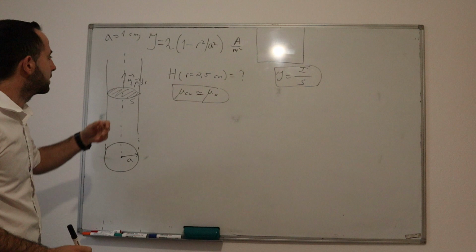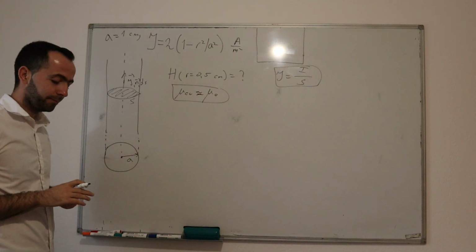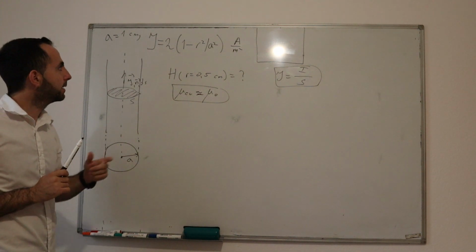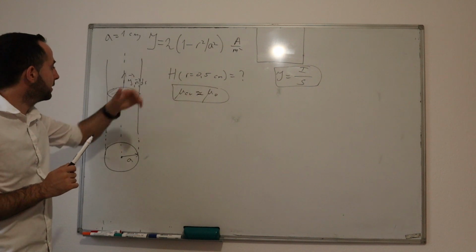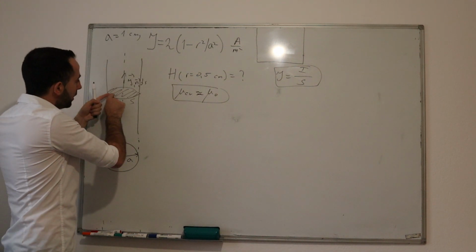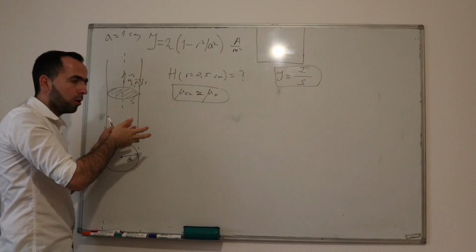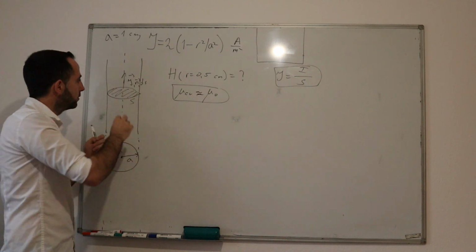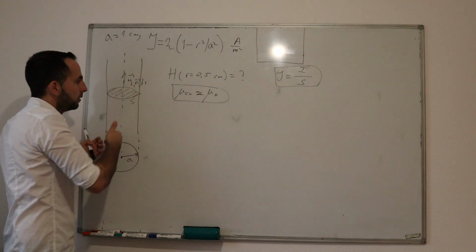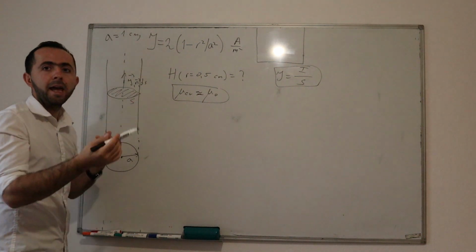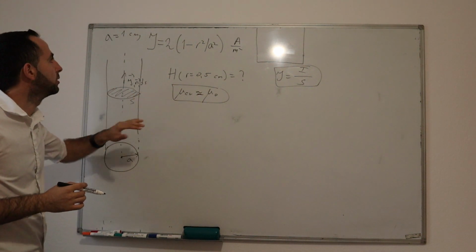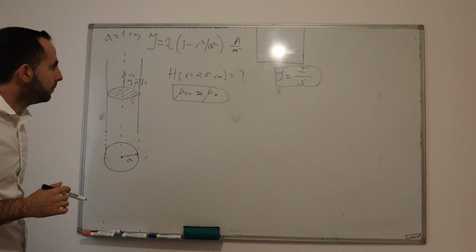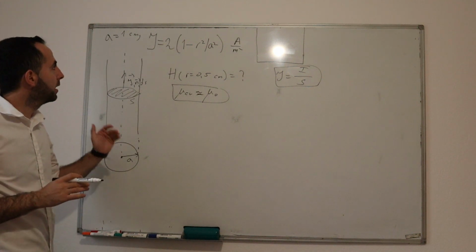But in this case, it's not like that. It says that somewhere here we have more moving charges than in other areas. It's not uniform. The charges are not uniform. The current is not uniform.